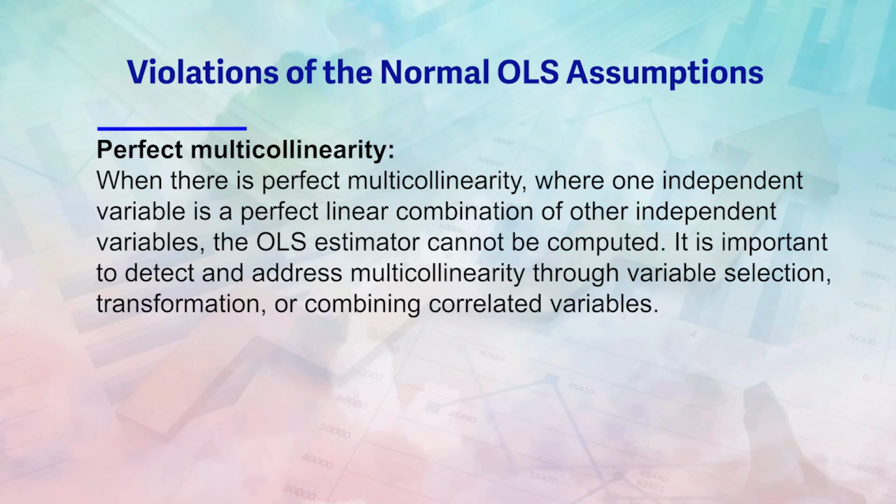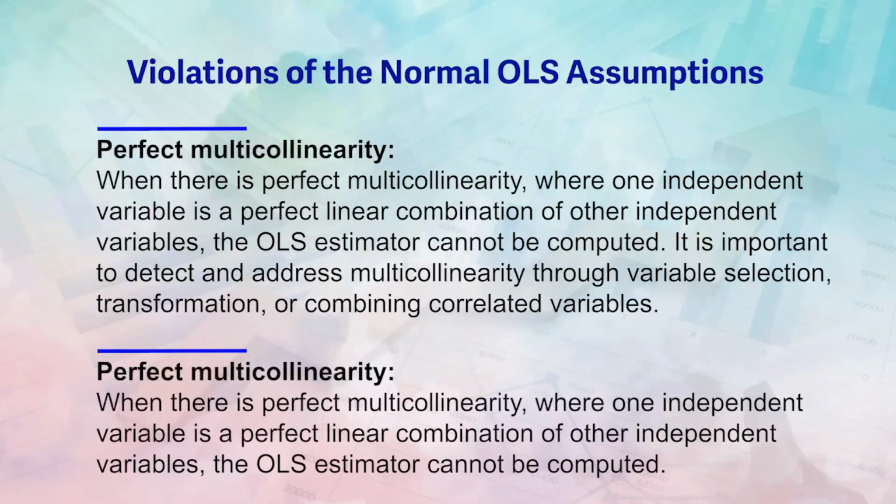Next, we have the problem of perfect multicollinearity. If the independent variables have a strong degree of correlation between them, it may happen in any multiple regression model when we are looking at economic growth as a dependent variable that depends upon a series of factors from different dimensions. Say from finance, we take the banking parameters; from infrastructure, we take the roads and the railways; even from internet connectivity, we take broadband connectivity or mobile users.